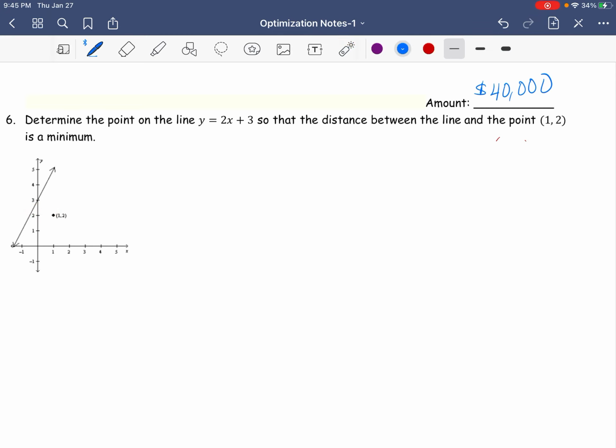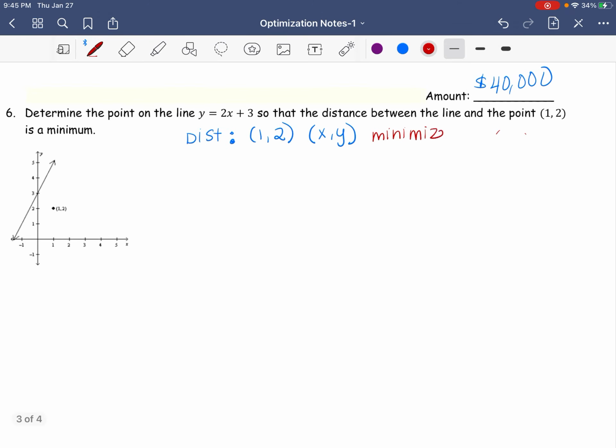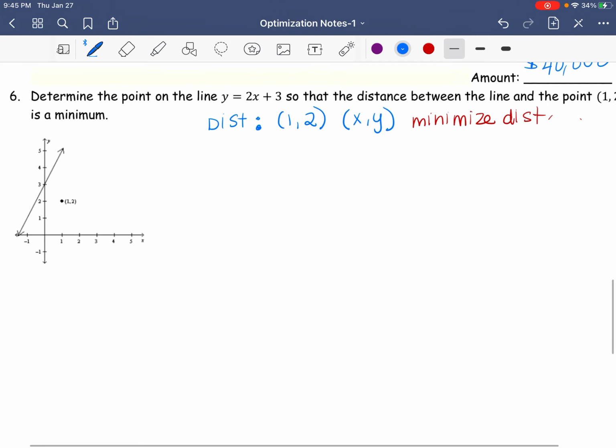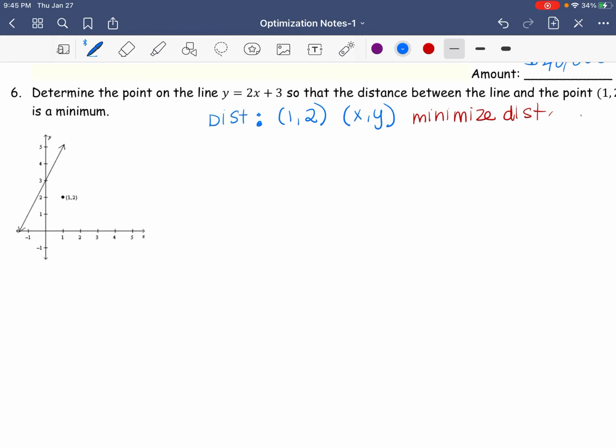So what we're trying to find is the distance between 2 points. We're trying to find the distance between the point (1, 2) and the other point that we're going to find, and that's what we're trying to minimize. So you have to remember the distance formula back from geometry, and you probably used it in pre-calc as well.